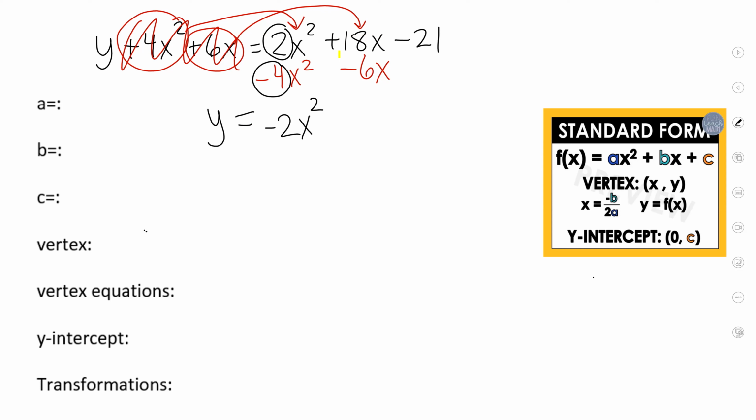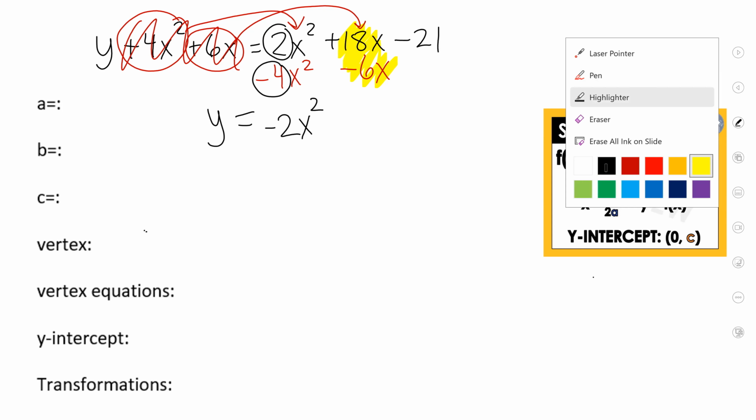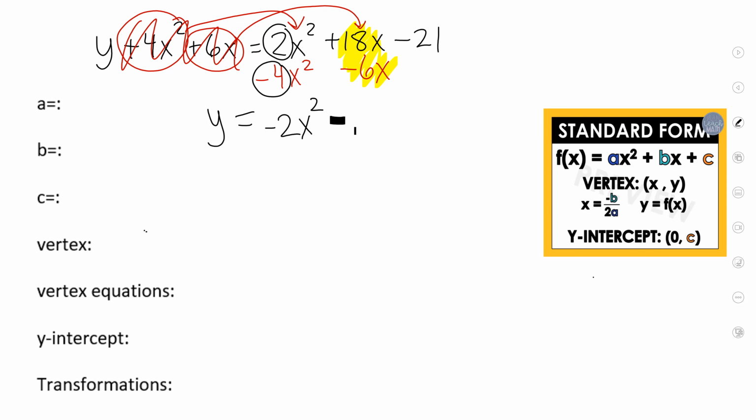I'm looking at this right here. What is 18 minus 6? 12. So then this just becomes plus 12x, and then minus 21. So now your equation is in standard form.